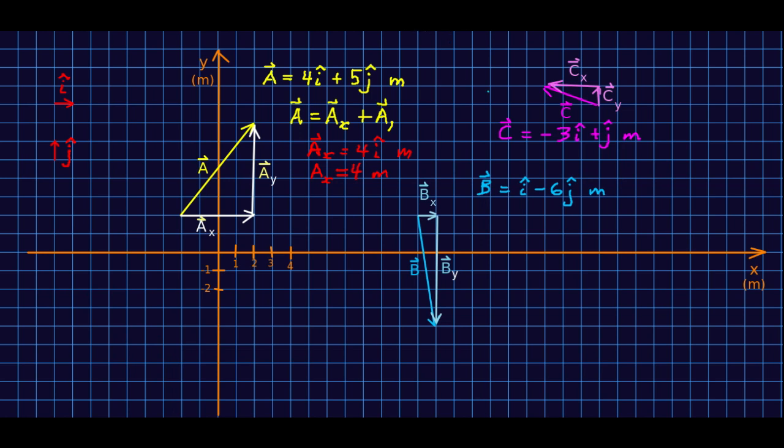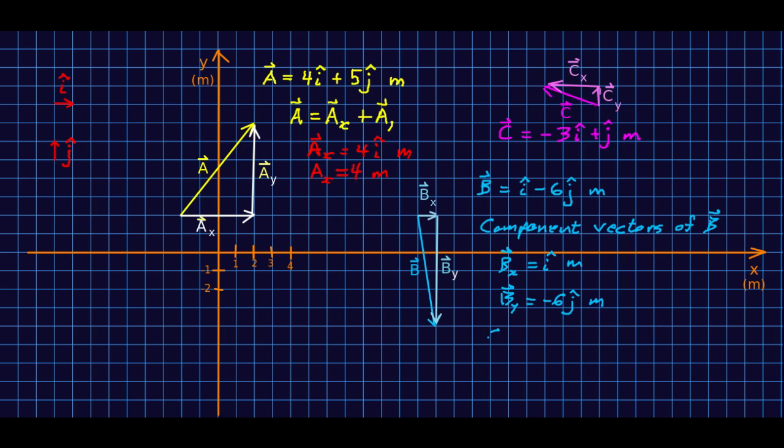And so, for example, B, I could say that the component vectors are bx vector, which is i hat, and by vector, which is -6 j hat, and both of those are in meters.